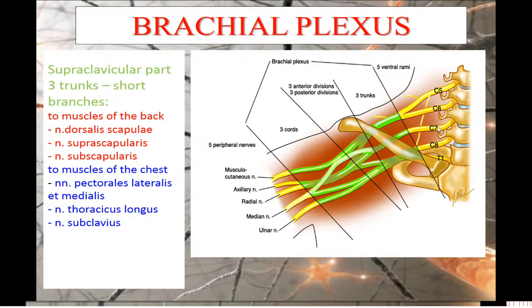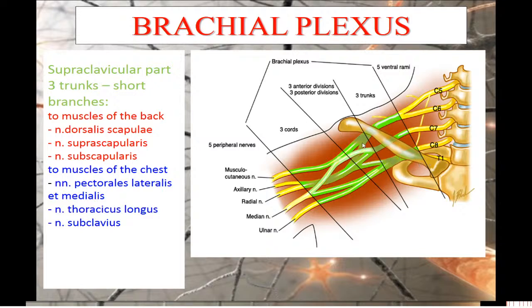The middle trunk is a direct continuation of the anterior branch of the cervical 7th spinal nerve, and the inferior trunk is formed by the anterior branch of the cervical 8th spinal nerve and also the upper portion of the thoracic 1st spinal nerve.